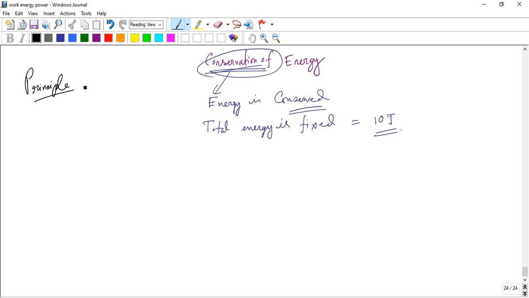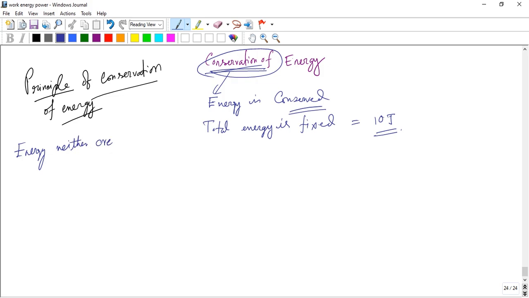So the conservation of energy principle states that energy can neither be created nor destroyed.